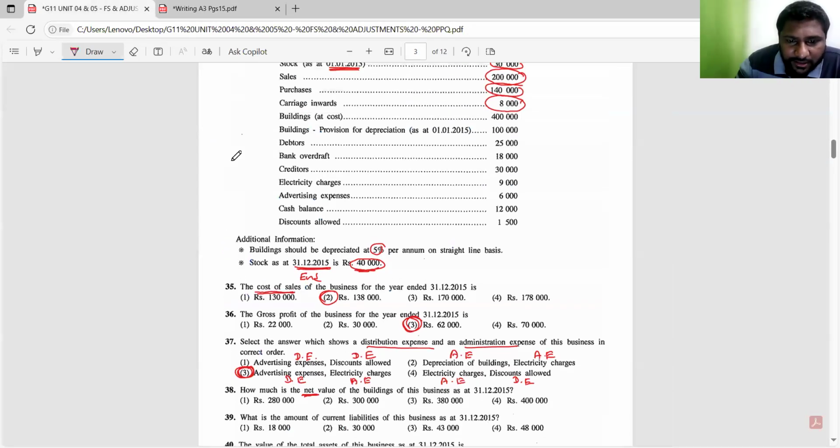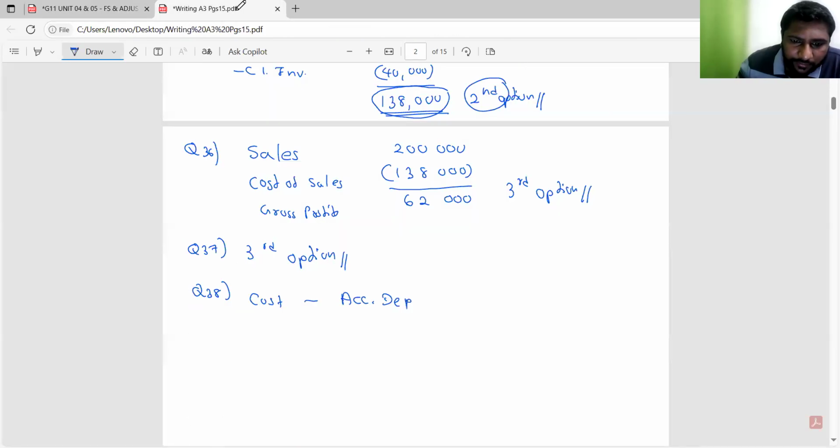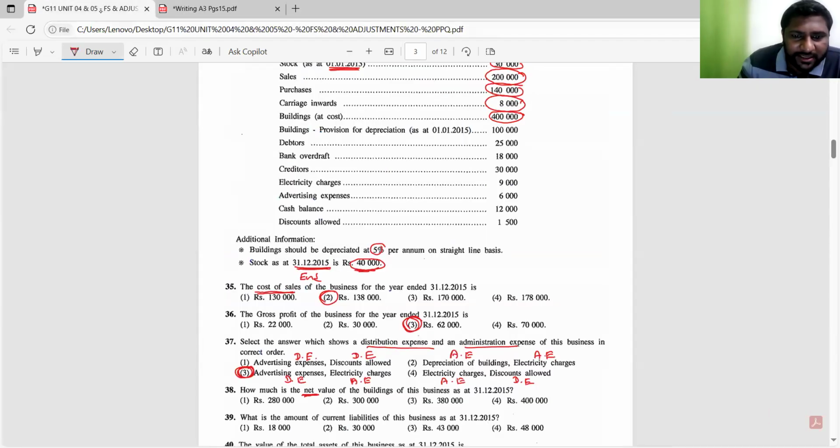How much is the cost of the building? 400,000. How much is the accumulated depreciation? Provision is another word. It is an old word actually. So these are old papers. Provision is another word for accumulated.